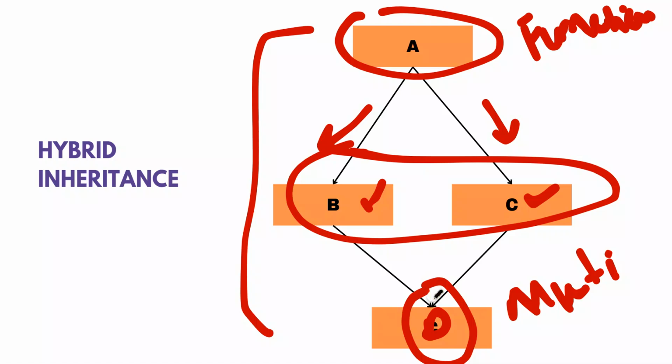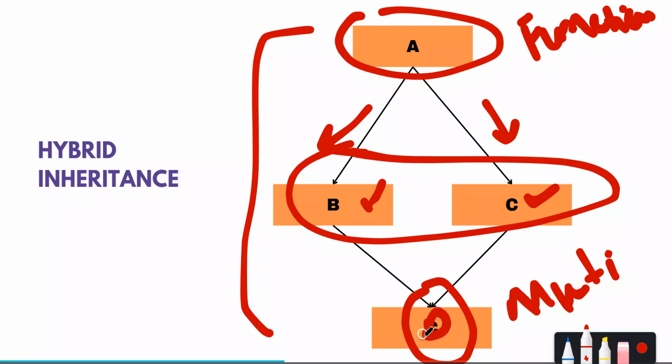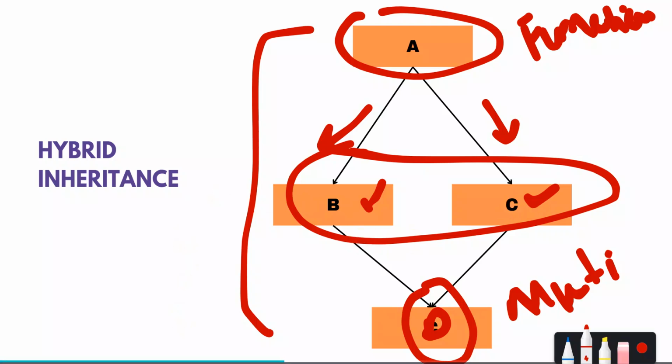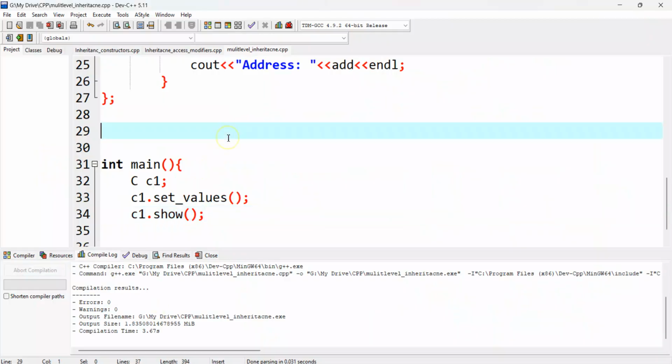Which function or which data member should D get, from the B side or from the C side? That is called the diamond problem. We will look at that problem, and we will also see how we can address it.